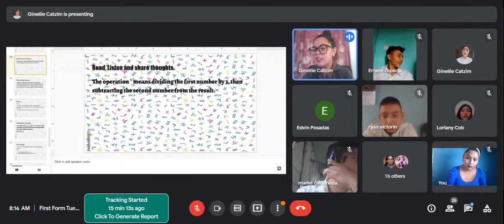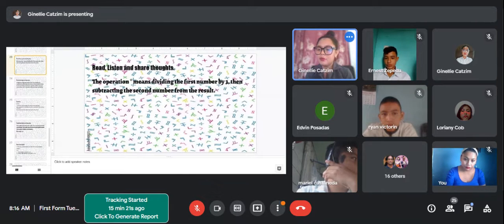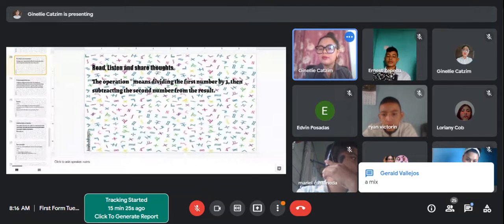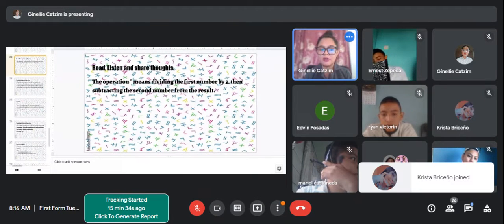Can't we see that it is some mixed operations? Who agrees with me? We can see that it is a mix of operations. Why? Because we have division, then we have subtraction. So how do you think we call this?